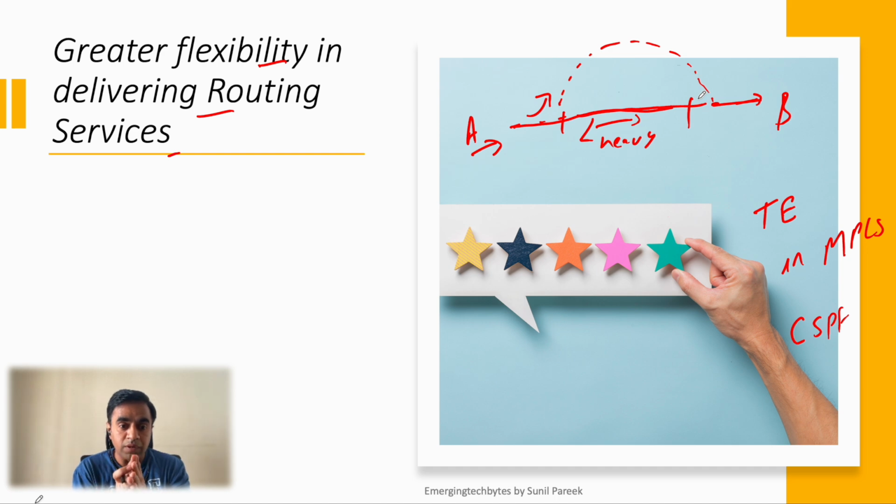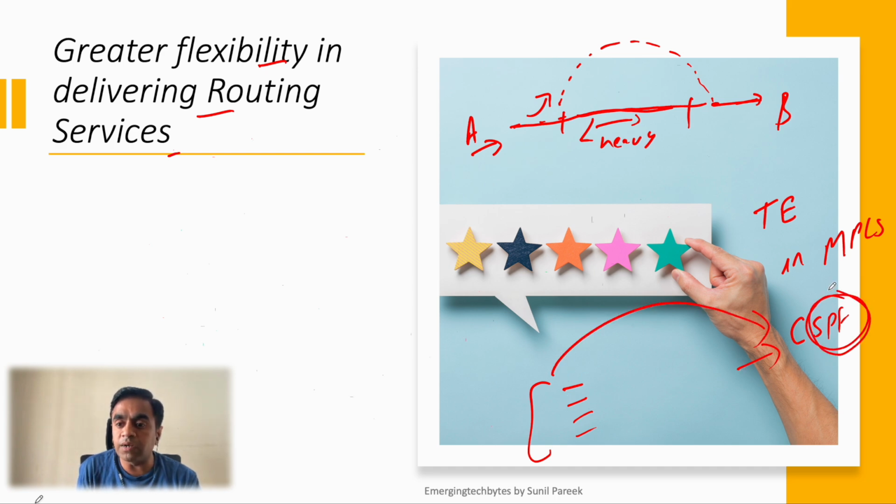So with SPF, it also carries some constraints. Don't go from this path, even though you will reach your destination, but it will take time. So you take another path. So you can specify your criteria that okay, I want a path with these things. CSPF takes all these constraints into the picture and then calculates a shortest path meeting, or trying to meet, all those constraints.